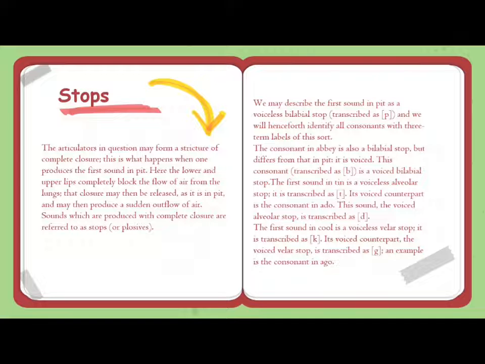The consonant in bay is also a bilabial stop, but differs from that in pit. It is voiced. This consonant, transcribed as b, is a voiced bilabial stop. The first sound in thin is a voiceless alveolar stop.